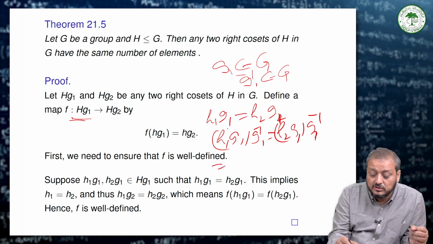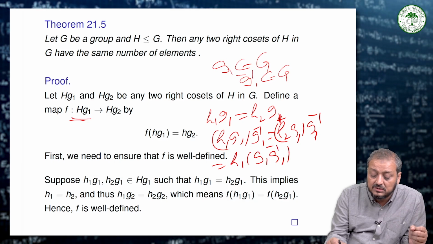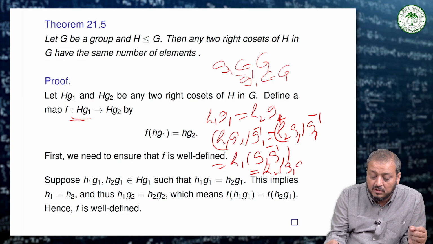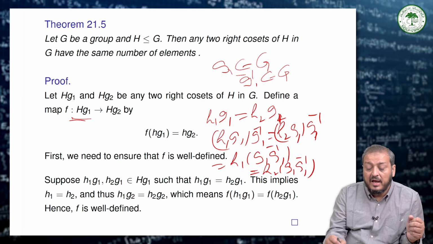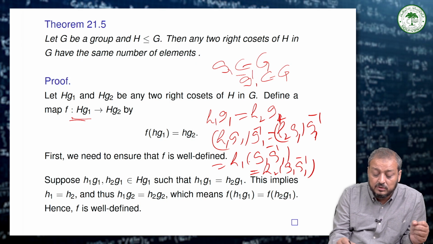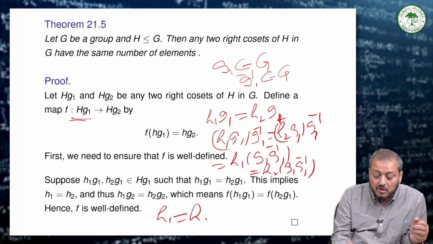Now using associativity, h1(g1 g1 inverse) equals h2(g1 g1 inverse), and this is the identity element. This means h1 is equal to h2.